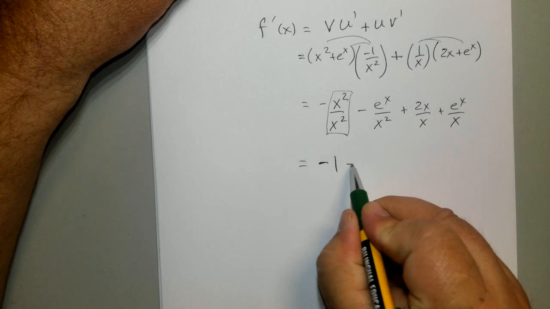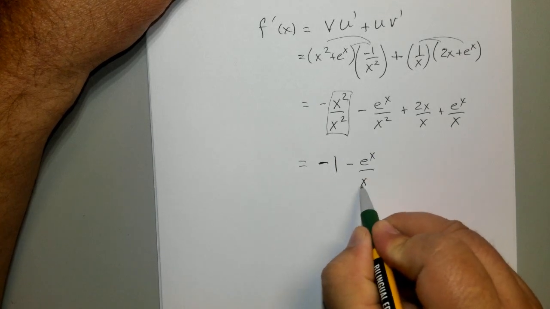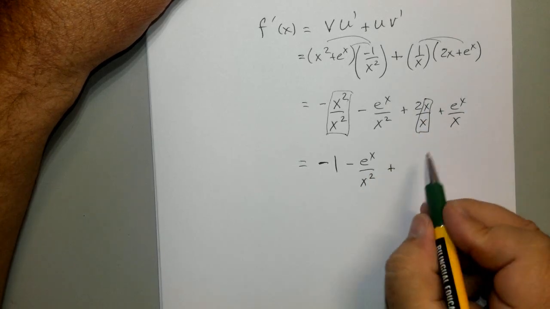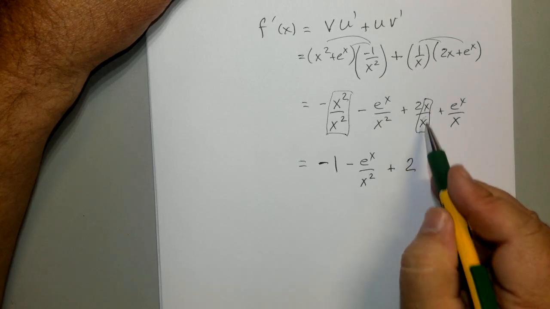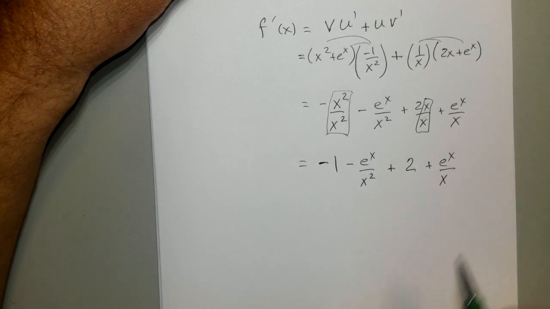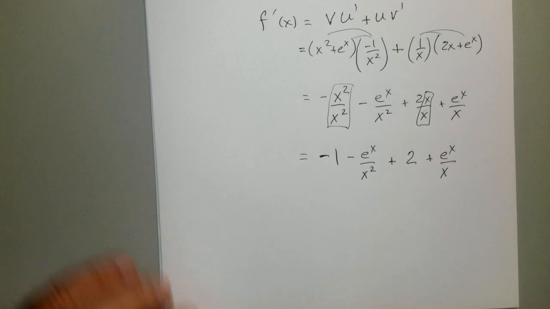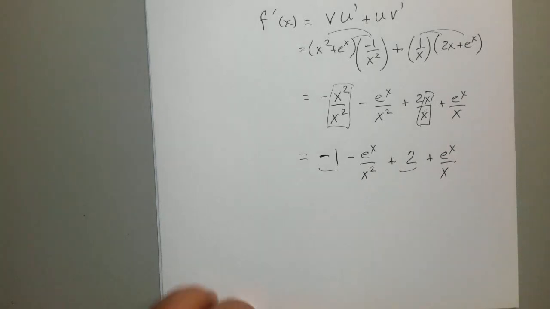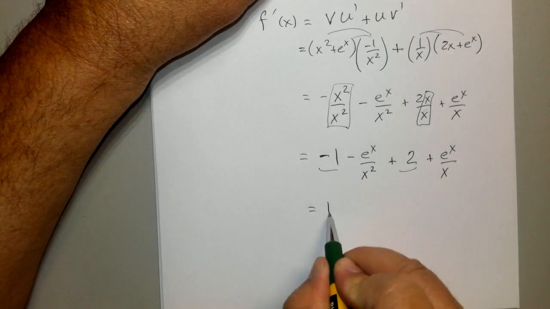Negative 1, and negative e to the x over x squared. How about here? Those x's cancel. E to the x over x. Combine like terms. Negative 1 plus 2 is 1.